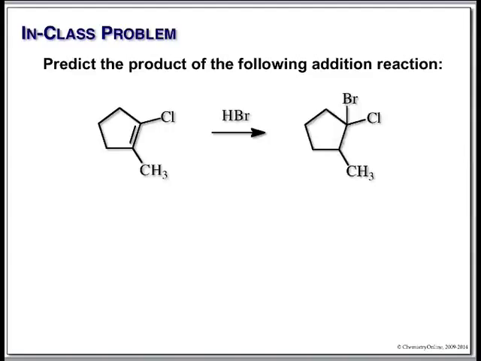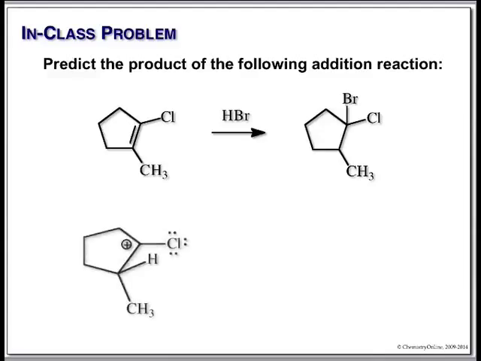That's the product. That means, working backwards, that the carbocation formed here is more stable than the tertiary carbocation.